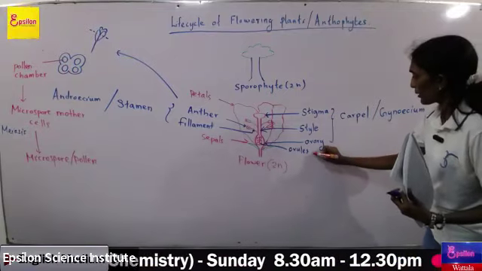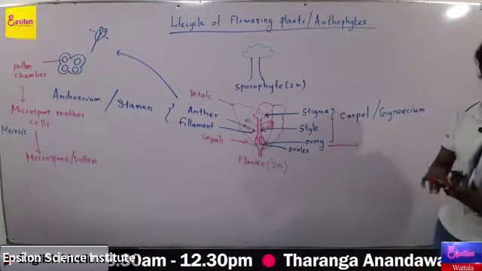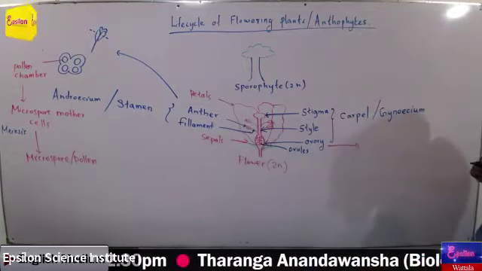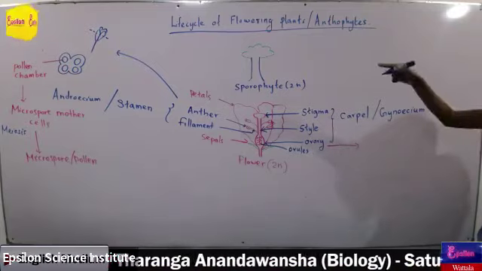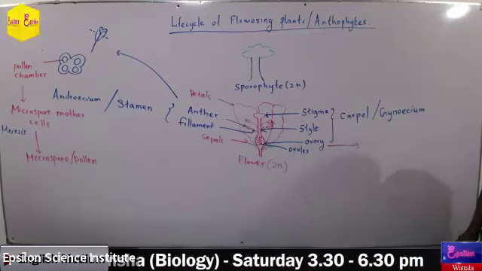Right. Taking an arrow from this ovary. Inside the ovary, what should be there? According to that side, megaspore mother cells should be there.